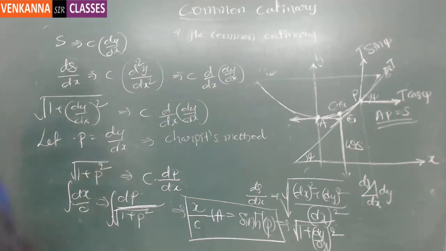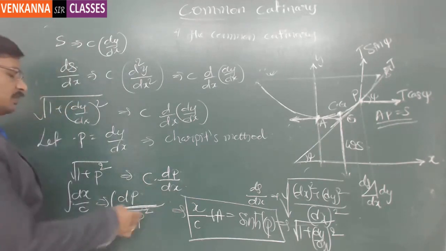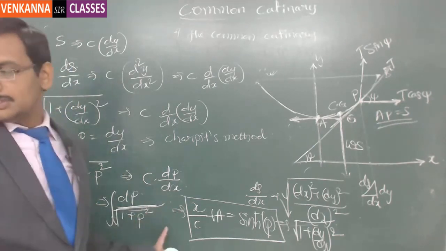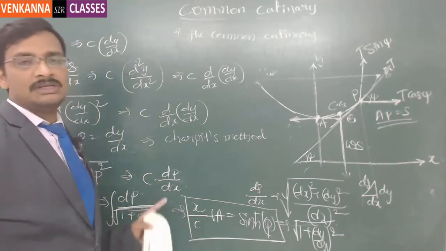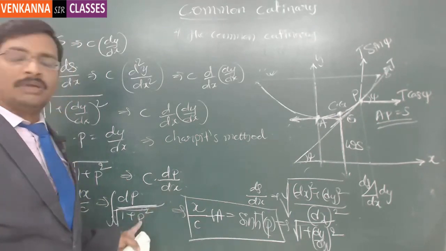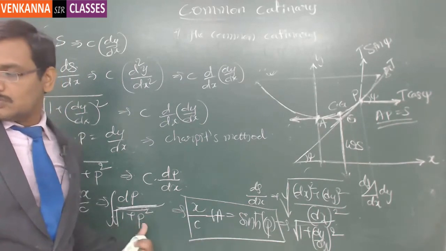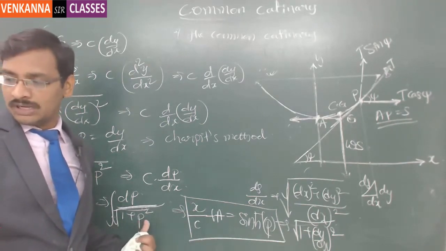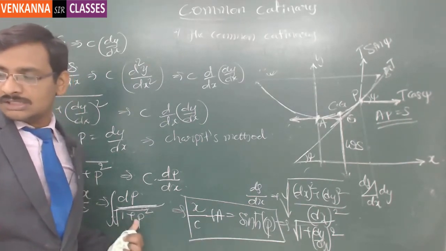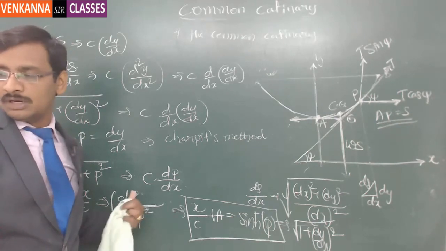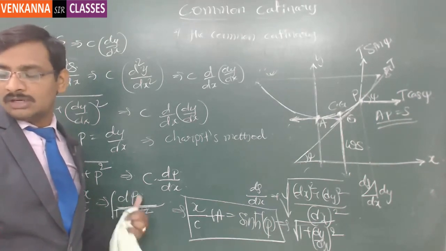Integral part. This integration, dp by square root of 1 plus p square, you should be aware of. This is a standard one. p you can assume as sinh x, and then square root of 1 plus sinh square x is nothing but cosh square x, and the derivative, cosh x, in the numerator comes. Both will cancel out and then you will get the answer.